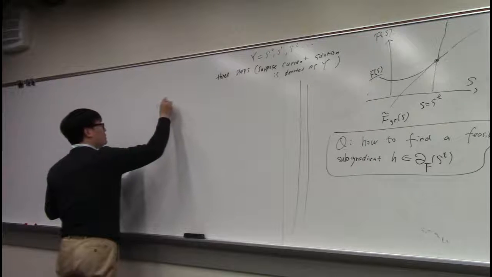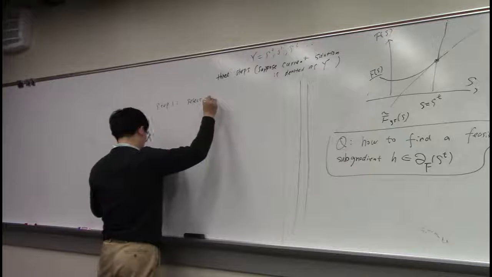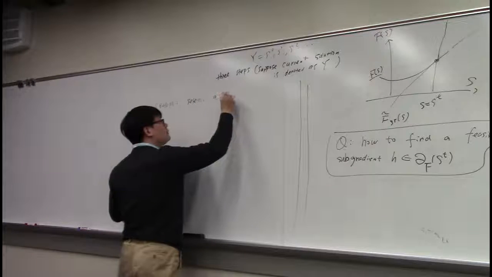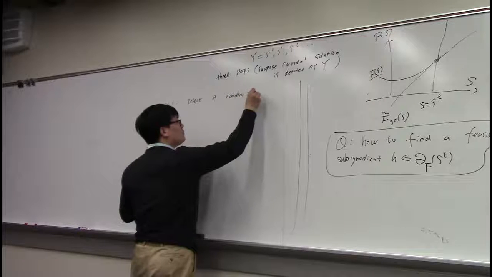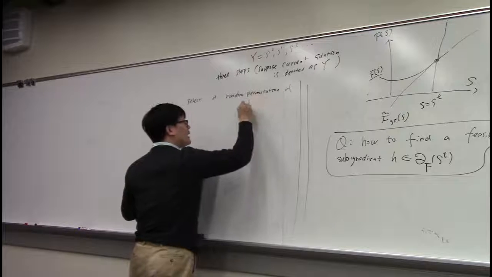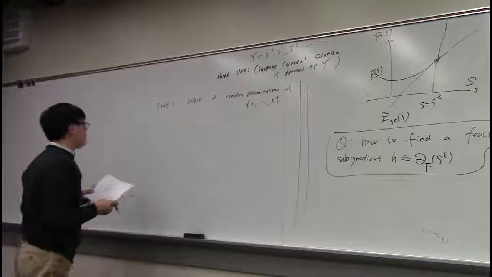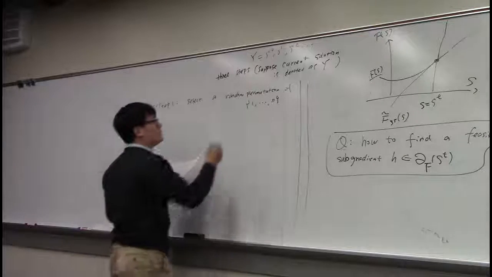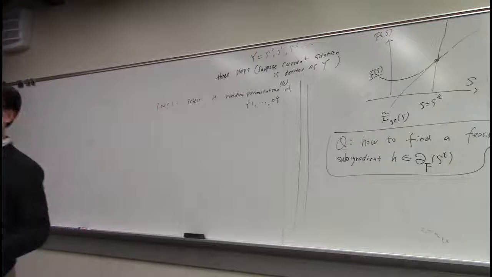Step 1, select a random permutation of n numbers, 1 to n, which is sigma. Sigma represents a random permutation.